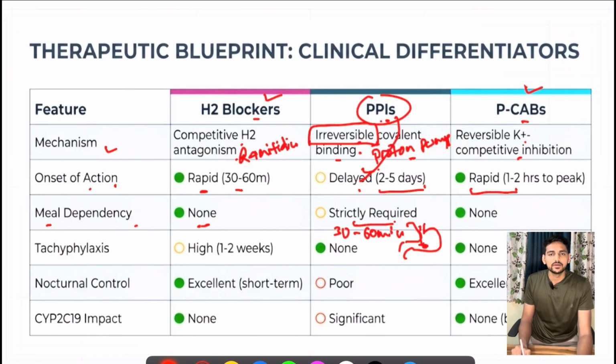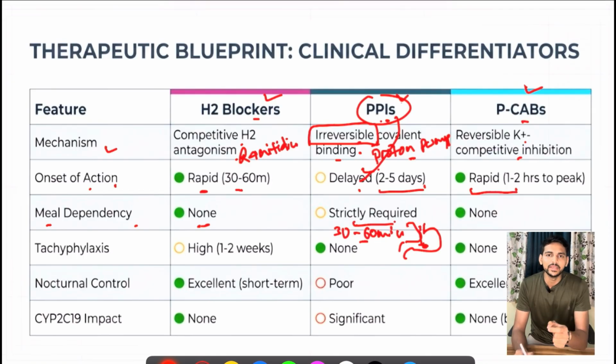As mentioned, their onset of action will take a little time. During that time, after 30 to 60 minutes, when the individual takes a meal, the proton pumps will be in active mode for the secretion of acid for digestion of the meal. These active pumps will be inhibited by the now activated proton pump inhibitor medications. They will be in the prodrug form, so if taken before meals, in the concentrated stomach acid, they will get activated and be ready for action.